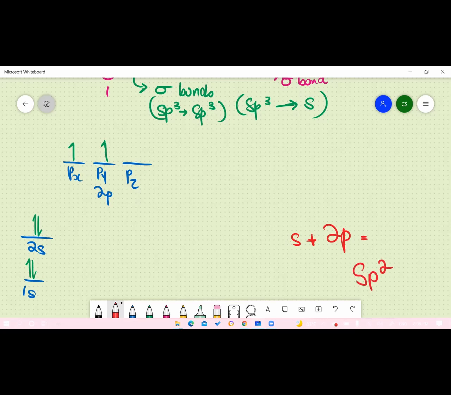Yeah, it would be sp2 hybrids. But how many sp2 hybrids would you have? 3, because you have 2 p orbitals and 1 s orbital. Great. So you'd end up with 3 sp2 hybrids.